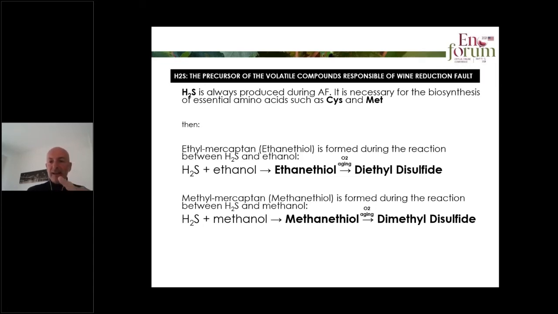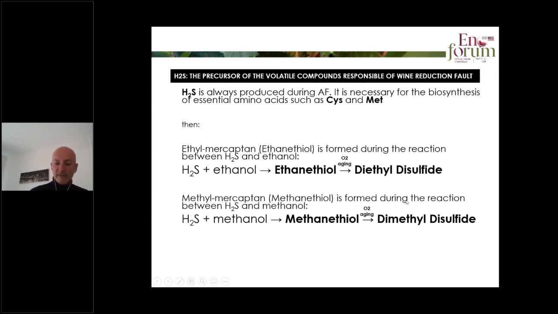But going back to the slide where I showed the perception thresholds, remember that the disulfides have a much higher threshold than the mercaptans. And so sometimes what happens is that before bottling, we smell the wine and we say, no, it doesn't seem that it is reduced, because we have mainly disulfides in prevalence, whose sensory threshold is higher.